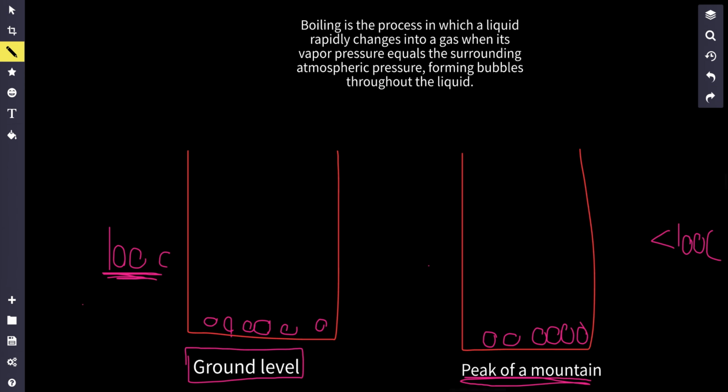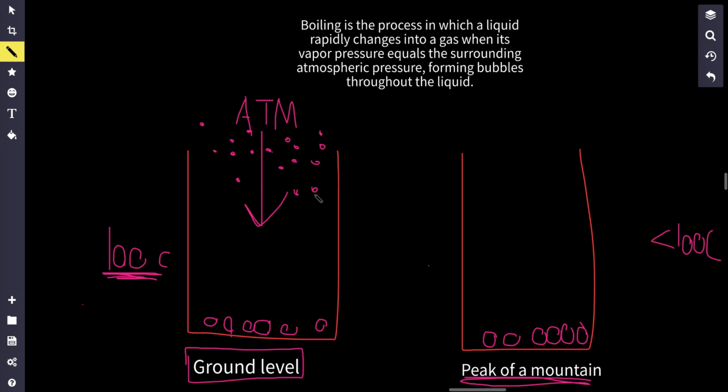Now, the thing that prevents this liquid water from instantly boiling is atmospheric pressure. Basically, at ground level, there's also air, right? So at sea level, or at ground level, there are also air molecules up here, and they're exerting a pressure downwards on the container.